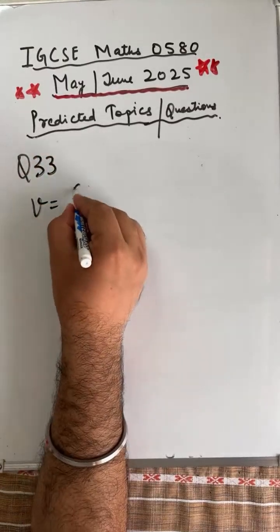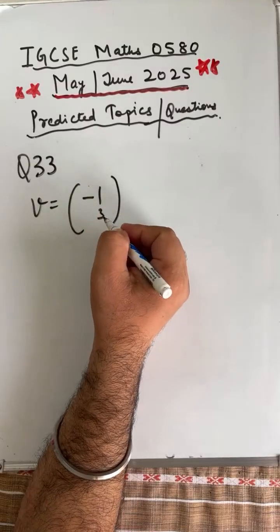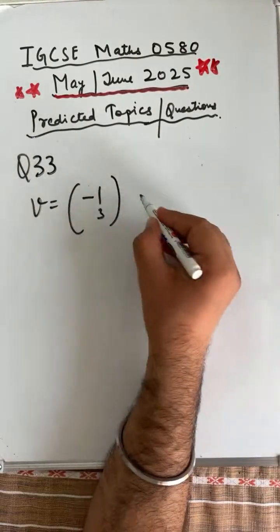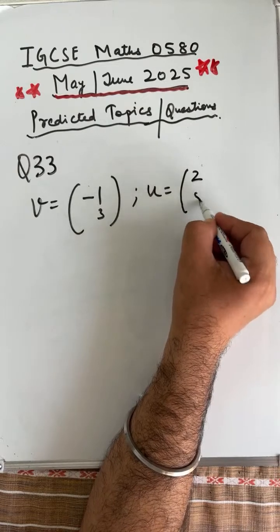Now we have vector v as (minus 1, 3), and we have u as (2, 5).